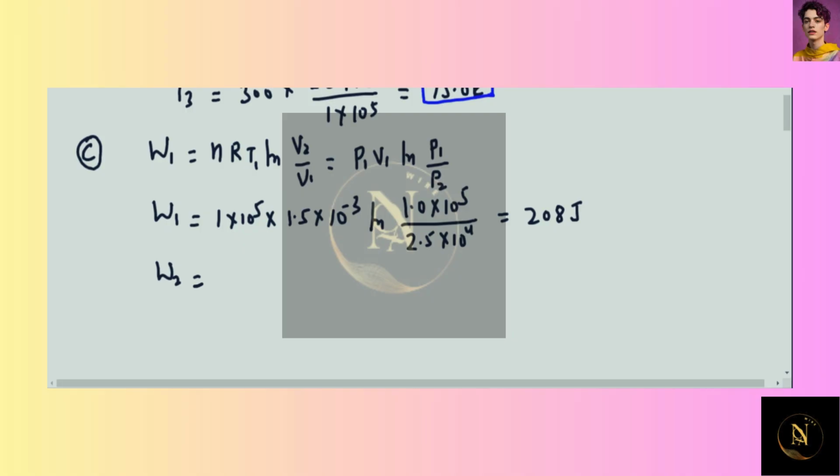Now work done in the second process. The second process is taking place at constant pressure. So it will be P2 into V3 minus V2. P2 is 2.5 × 10^4. V3 is equal to V1, so it is V1 minus V2.